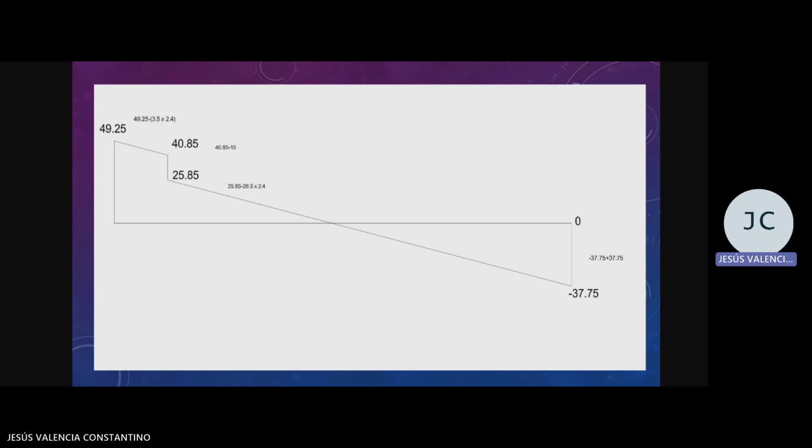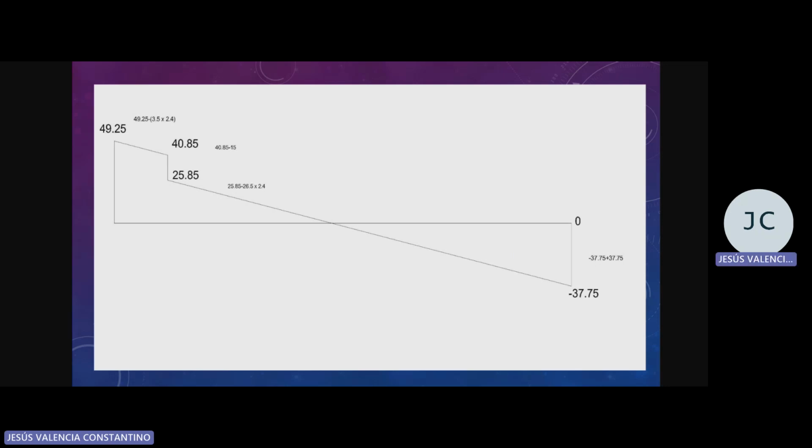Next, we proceed to draw and interpret the shear force diagrams. The first diagram states that the force at A, which is 49.25 kilos, is reduced by the product of the base multiplied by the height with respect to 3.5 feet and 2.4 kilos per foot.